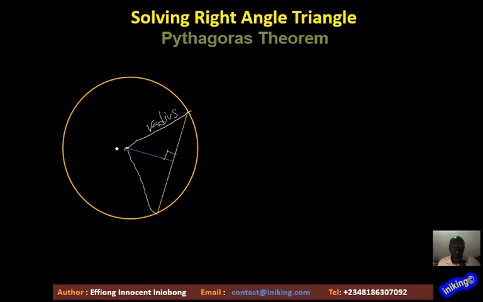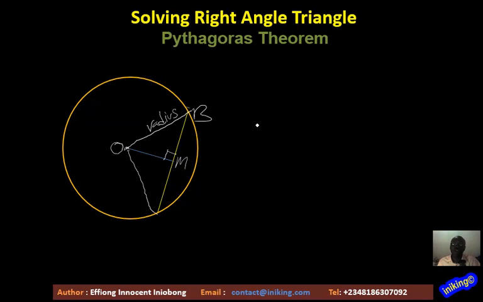And you will agree with me that here I have a right angle triangle. If I call that O, I can call this M, I can call this B. OMB, you will agree, is a right angle triangle. And I can apply my Pythagoras here.